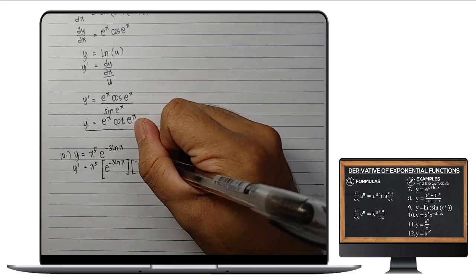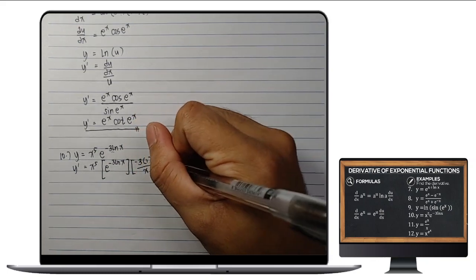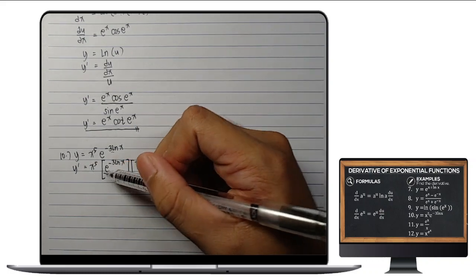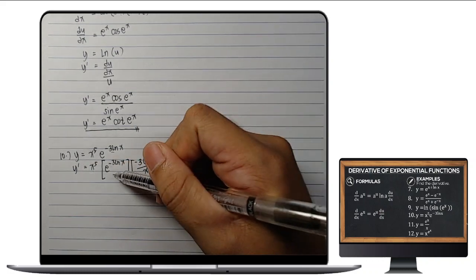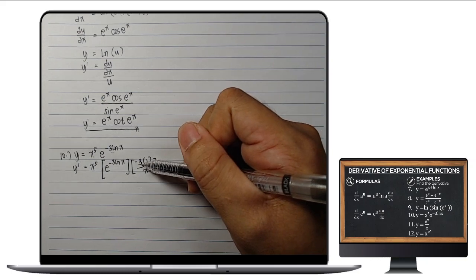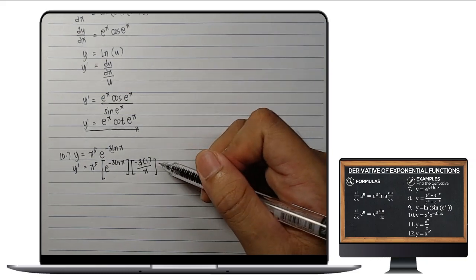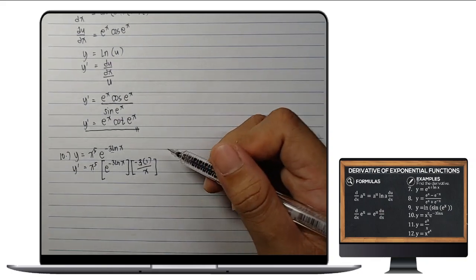The derivative of x is 1, so 1 over x. Okay, so copy, then take the derivative. So e raised to u, derivative of u with respect to x, where the derivative of ln is the derivative of u divided by u.